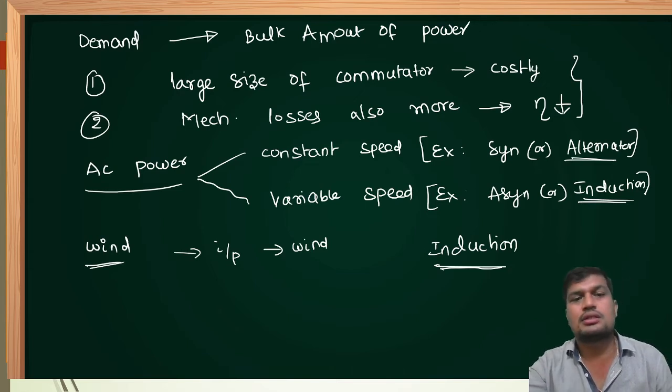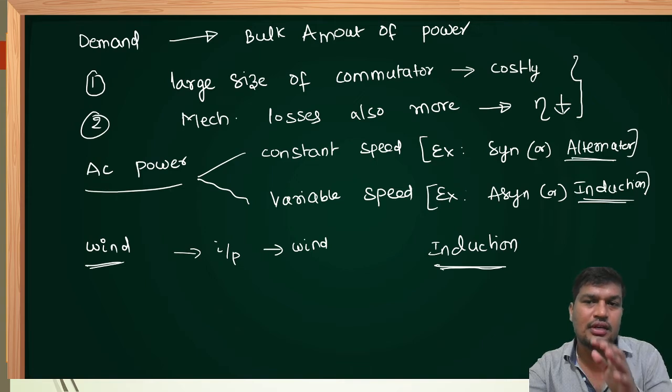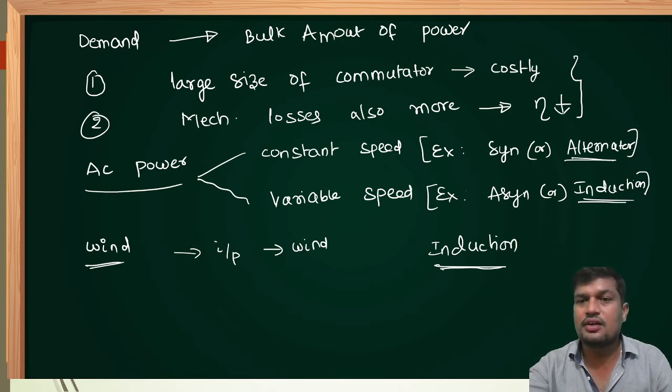Therefore, we need to discuss more about synchronous generator in power system. Anyhow, you discuss the characteristics of synchronous generator and induction generator in electrical machines, but in power system discussion, I will use more synchronous generator. Why? Because most of the power right now is still generated through synchronous generator. That is the reason I can utilize synchronous generator to discuss more about power system, right?